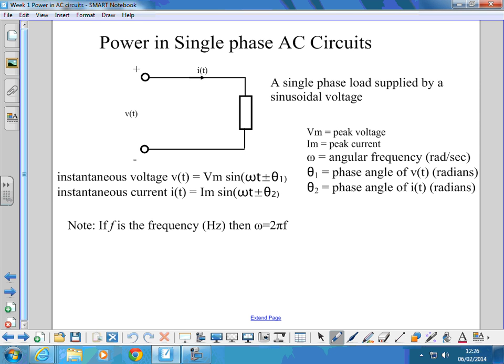So if your frequency's in omega, then your angle needs to be in radians, and theta 2 is the angle of I in radians. Although generally you'd be dealing with one of those as having no phase angle, and the other one having a phase angle, usually the voltage.